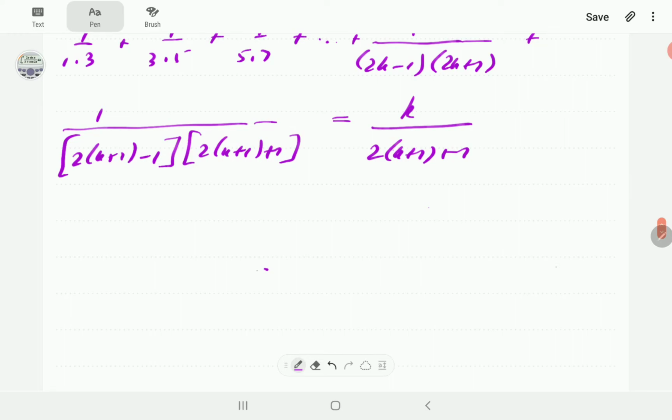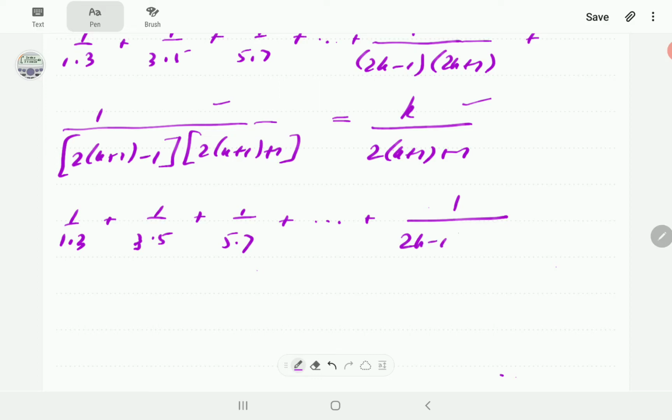Right, and then let's simplify these terms here. So 1 over 1 times 3 plus 1 over 3 times 5, 1 over 5 times 7, and so on and so forth, plus 1 over (2k minus 1)(2k plus 1).